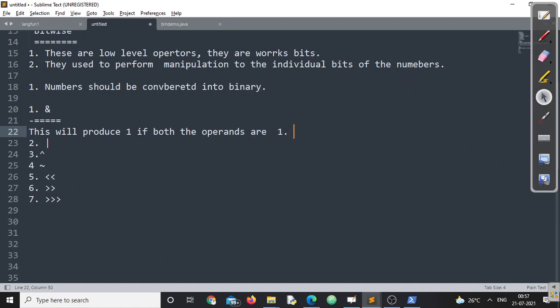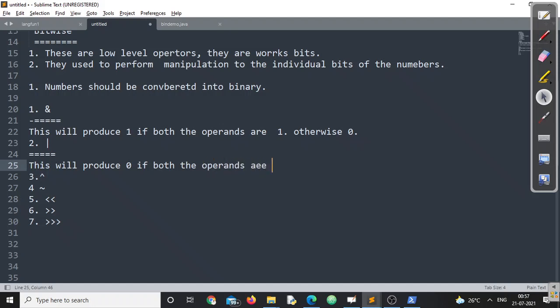Make sure you know this point. Similarly, in case of bitwise OR, this will produce 0 if both the operands are 0. Otherwise 1.